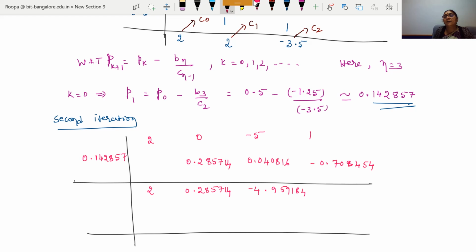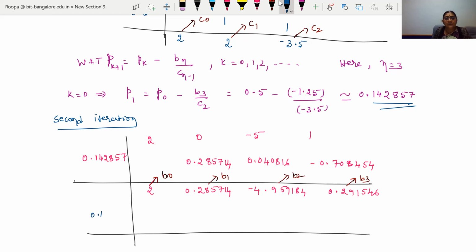Add these two, we get 0.291546. These are the values of B0, B1, B2, B3.